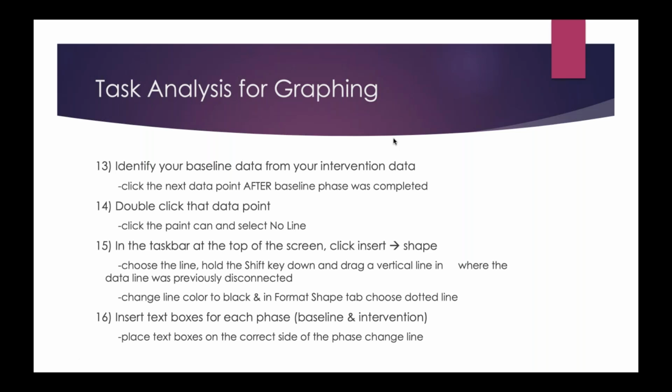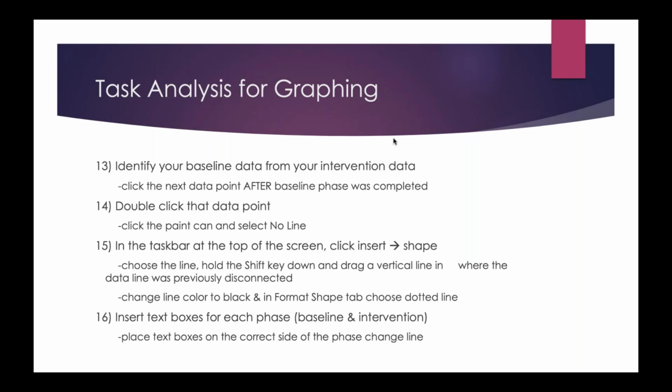Okay, so after those steps, then you're going to identify your baseline data from your intervention data. To do this, you're going to click the next data point after the baseline phase was completed. You're going to double click that data point, click the paint can and select no line. And then in the taskbar at the top of the screen, you're going to click Insert Shape.